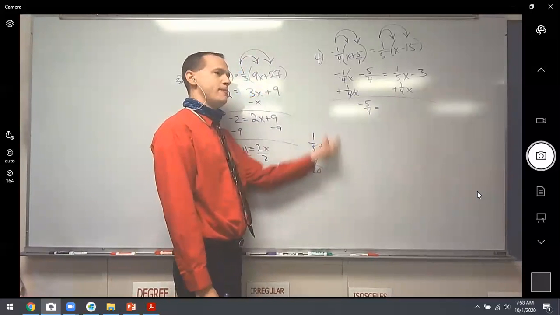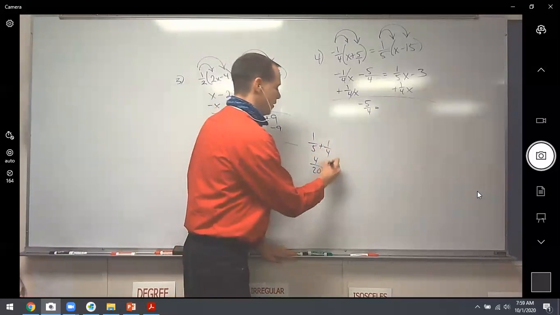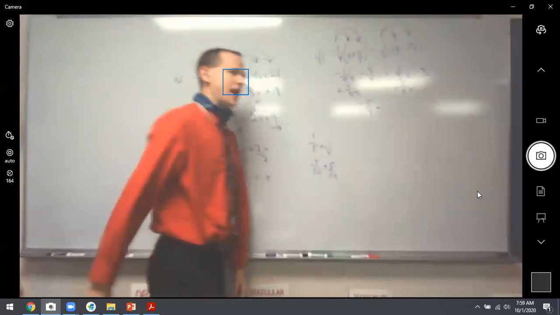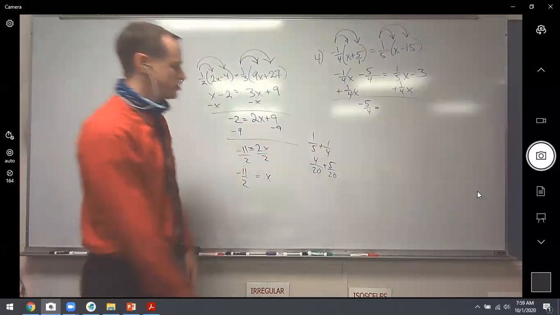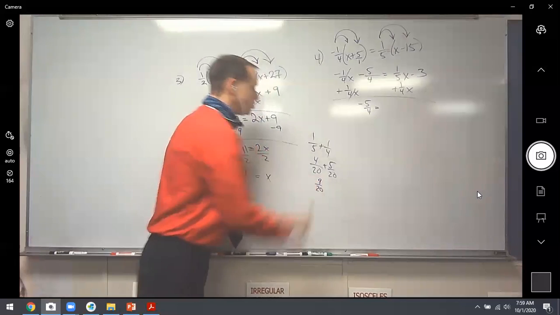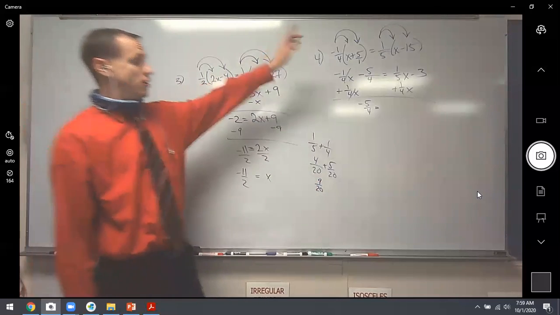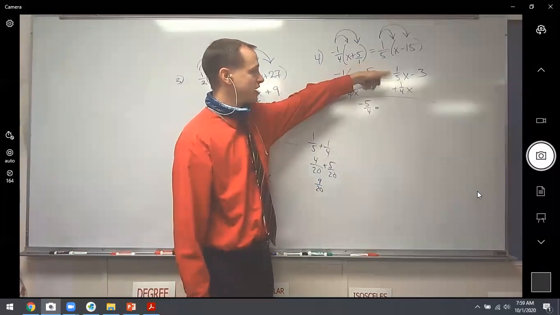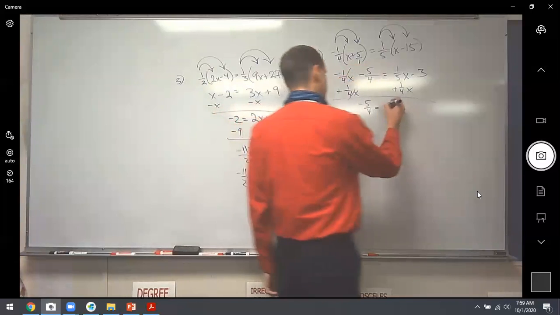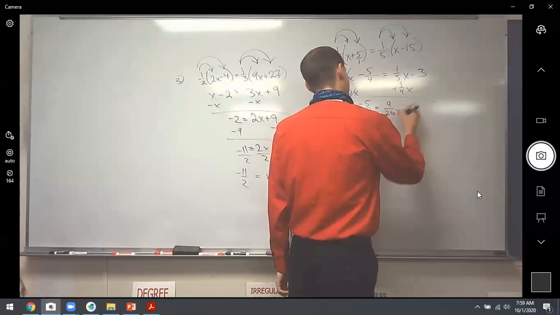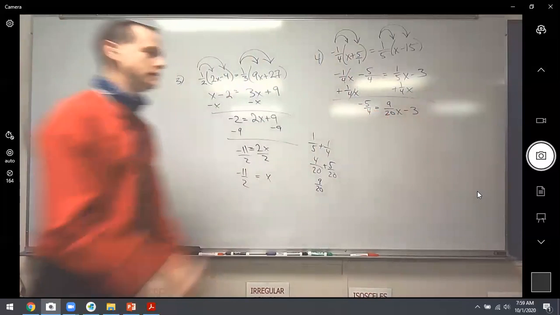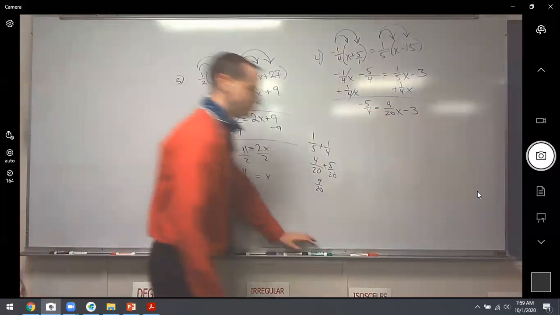Multiply this one on top and bottom by 5. And when you add fractions, you just add the tops only. So that is a grand total of 9/20. So what's all this mean? Well, 1/5 of an x plus 1/4 of an x is apparently 9/20 of an x. Took some work, but we figured it out.